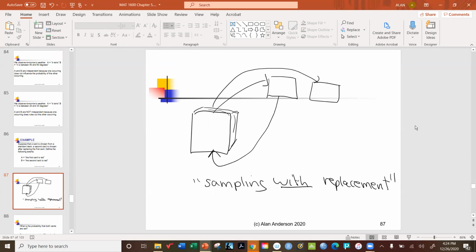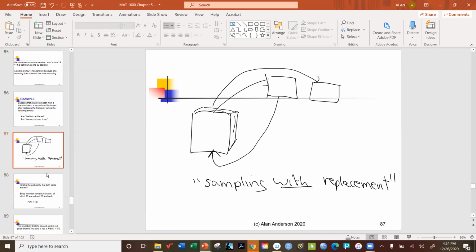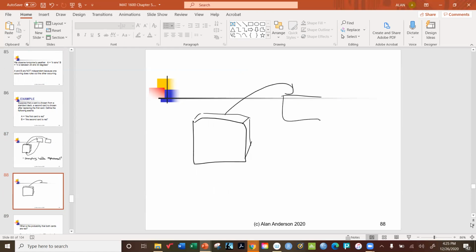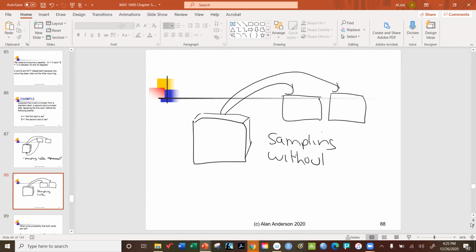And that guarantees that what happens on these two draws are independent of each other. Now, obviously, we could have the opposite case as well. In other words, imagine that we have this case where we pick the card and then we don't put it back before we pick the second card. So this is called sampling, as you can probably guess, without replacement.